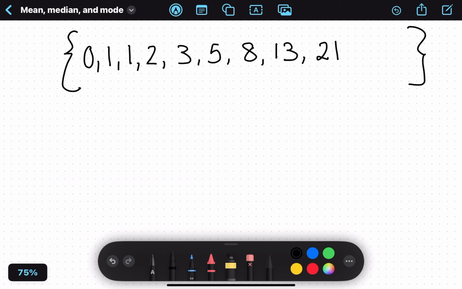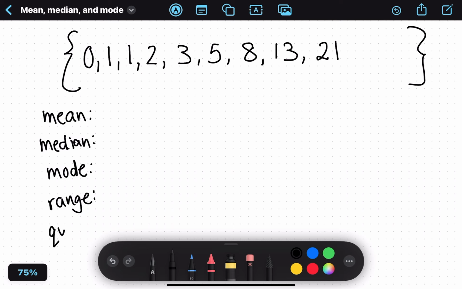I want you to find the mean, the median, the mode, the range, and the quartiles of this data set. I will give you a few seconds to pause the video.